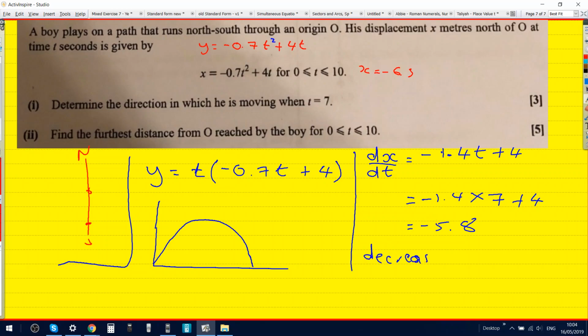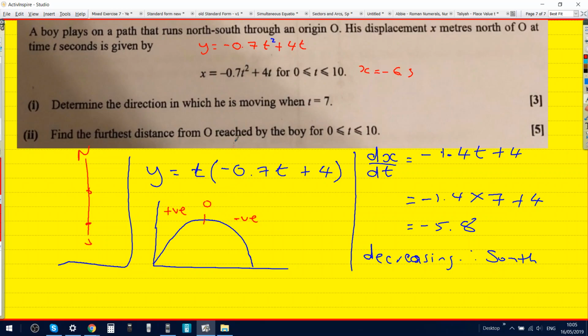Sorry, what does finding the derivative actually do? So it finds the gradient. And so you can see on the left half, the gradient is positive. On the top, it's 0. And then here, it's negative. So he was increasing, then it was stationary, and then he's gone back down again. So he's currently going towards south in this case.